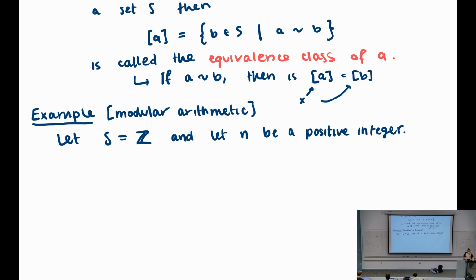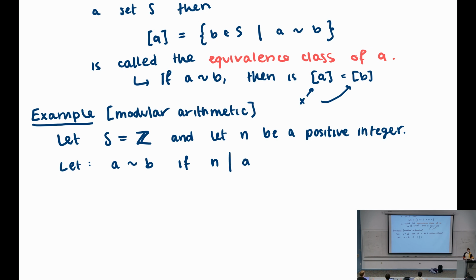And I'm going to define a relation, and then we'll show that it's an equivalence relation. So we'll let A be related to B if n divides A minus B.